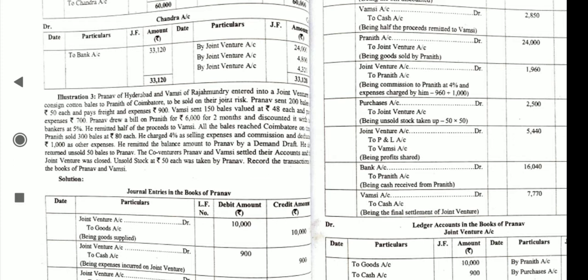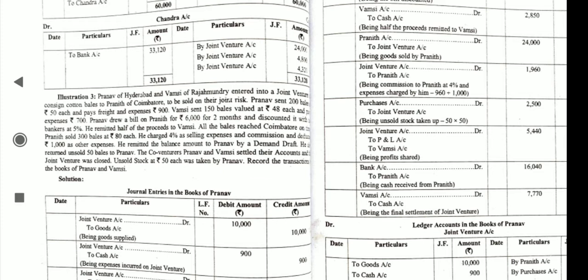It does not require any specific name of the firm. The members in the joint venture are treated as co-ventures, but the parties in a partnership are called partners. There is a little bit of difference compared with partnership accounts.